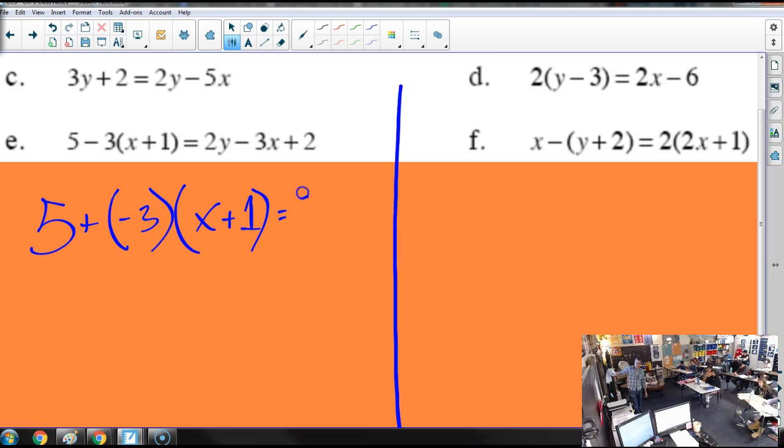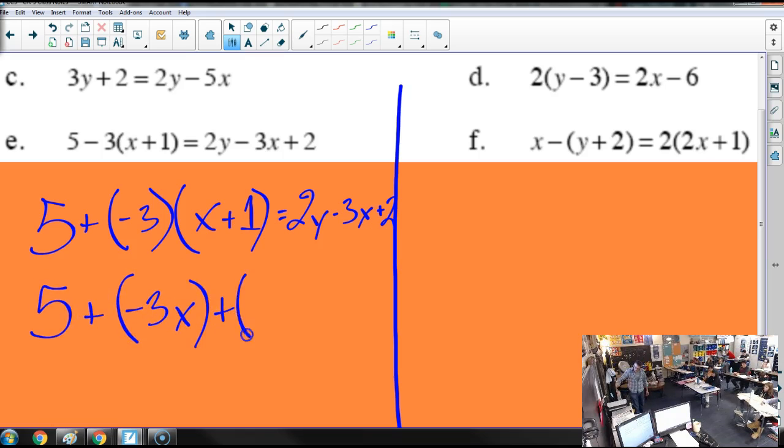So if you want to be really safe, rewrite it so you have no chance of making a mistake. That's -3. It's not minus 3 times what? This is where subtraction is so dangerous. So this becomes 5 plus -3x plus -3 equals that.